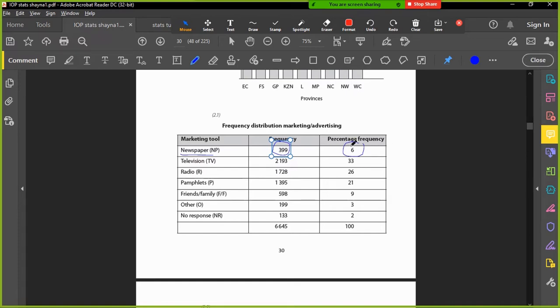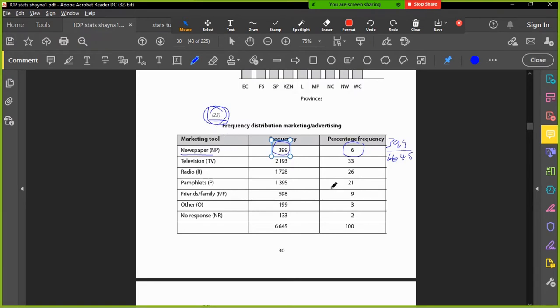We just said to work out the percentage frequency, 399 over 6645. Do you get the same answer? Yes. Is Unisa correct? Yes, they are. Rounded to the nearest percentage, it's just 6. If you round off to the nearest percent, you could just make it 6%.